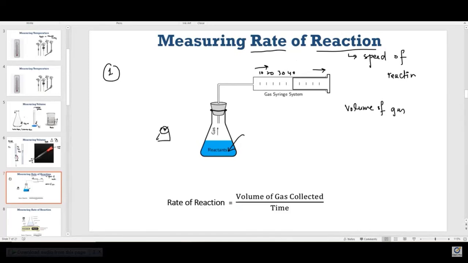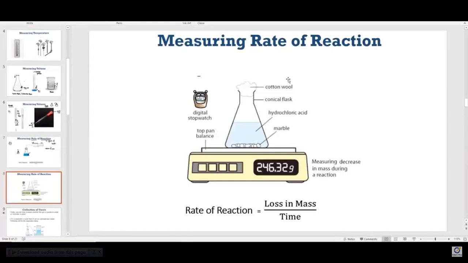So you basically measure the volume of gas that is collected over a certain amount of time. And when do you stop the stopwatch? It's when this plunger stops moving, because this is a sign that gas is not further released.